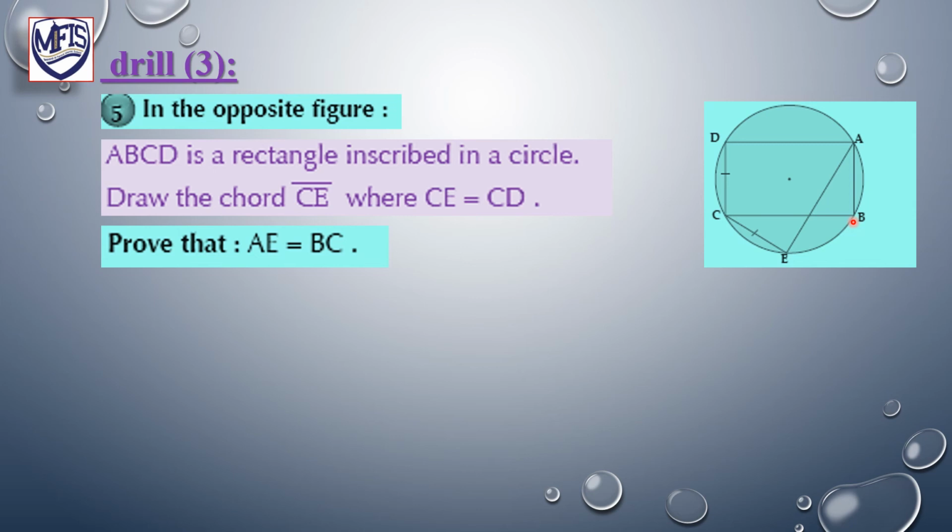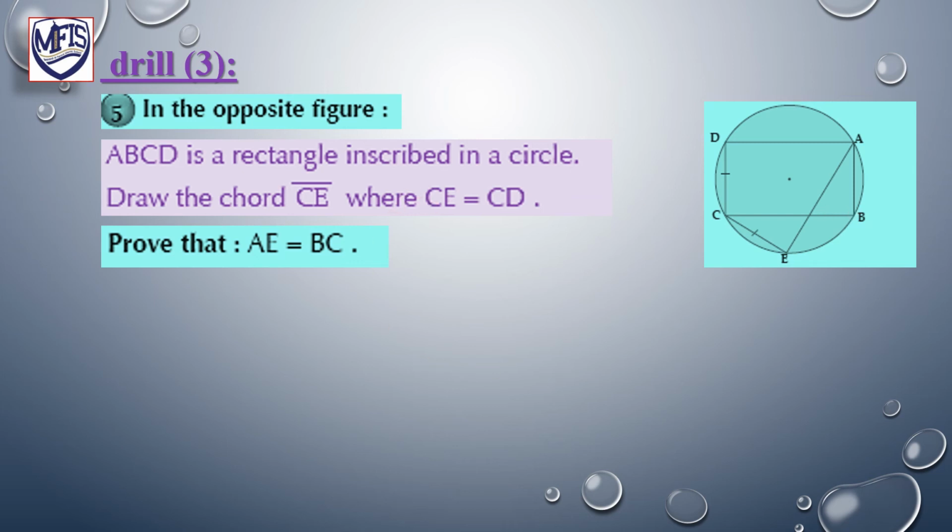We find here BE is a common arc between the two arcs ABE and CEB. So, if I can find the measure of arc AB equals the measure of arc CE, and by adding this arc to both arcs, then the measure of arc ABE equals the measure of arc CEB, and also the length of chord AE equals the length of chord CB.